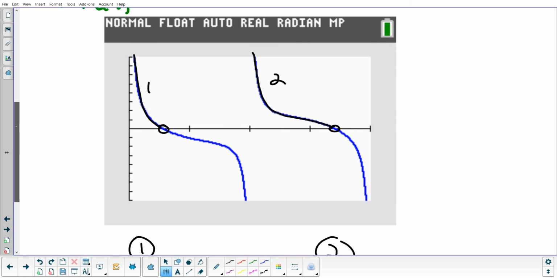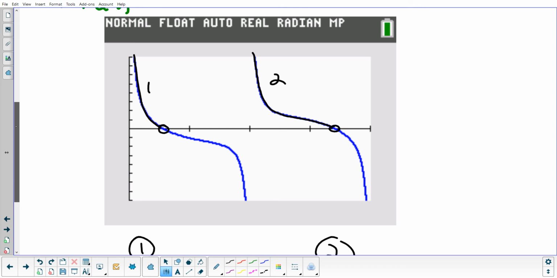You're looking for the x value, where it would start. Well, how about where does it stop?